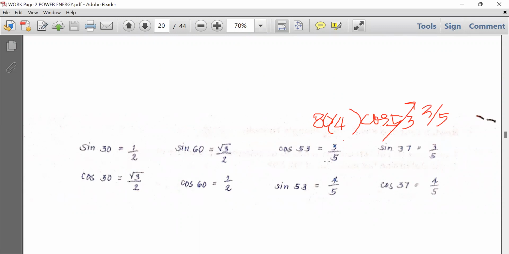Cosine 60, 1/2. Cosine of 53 is 3 over 5. Sine 37 is also 3 over 5, while sine 53 is 4 over 5. And cosine 37 is also 4 over 5. You must remember this, because these are the most commonly used in physics problems.